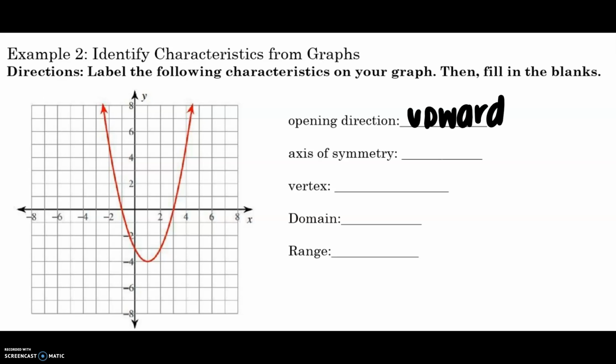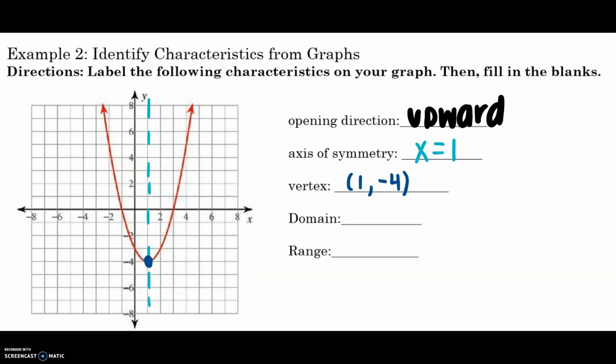Our axis of symmetry, and remember we draw that with a dashed line, is the equation x equals 1. Our vertex can be found where our axis of symmetry intersects the parabola, and that is the point 1, -4.